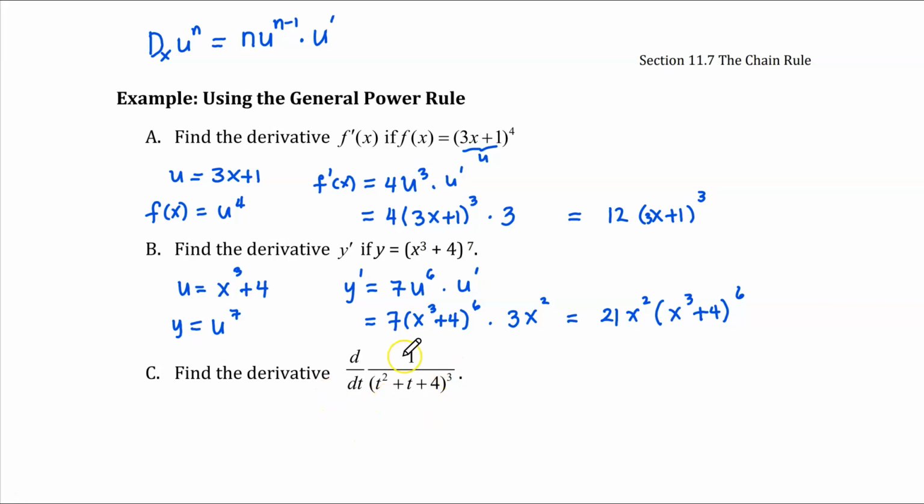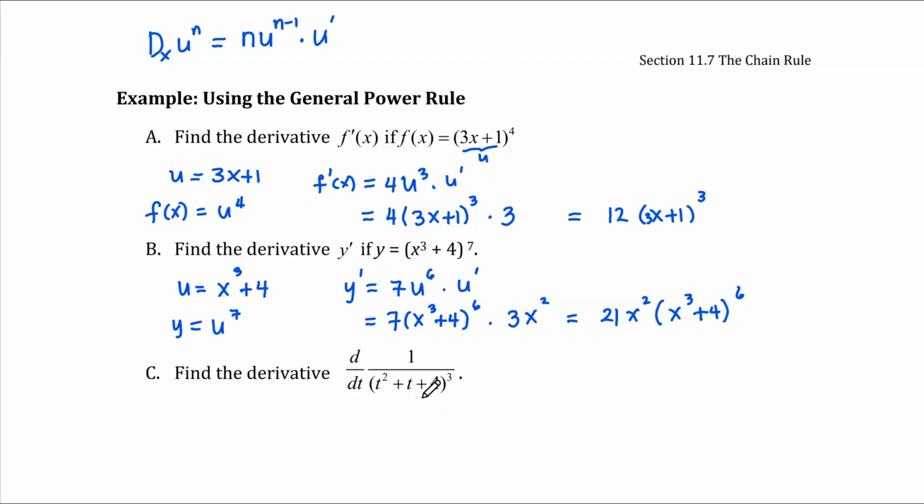Now for the third function here, if we are to differentiate this with respect to the variable t, we can use the general power rule if we rewrite this expression here.